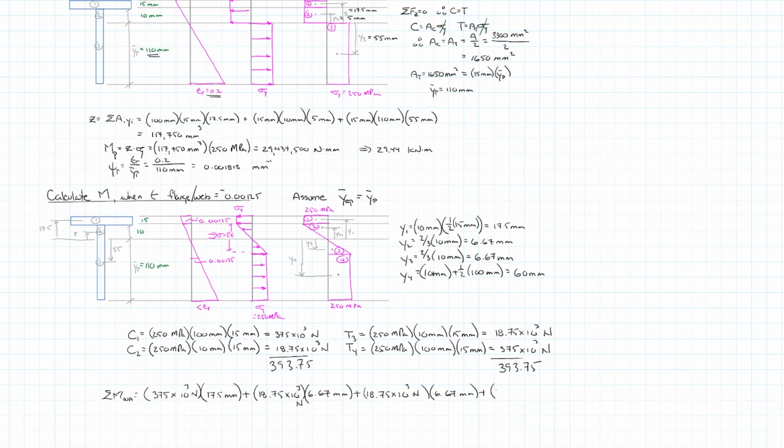And finally, we add in T4, which is 375 times 10 to the third newtons times its moment arm of 60 millimeters. When we run that all through our calculator, we get 29.3 times 10 to the 6th newton millimeters, which is 29.3 kilonewton meters.